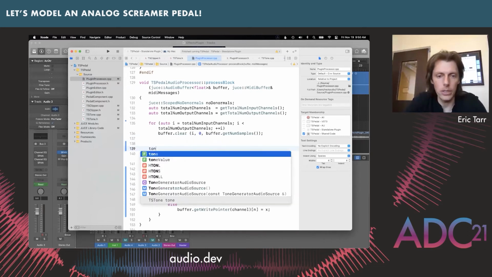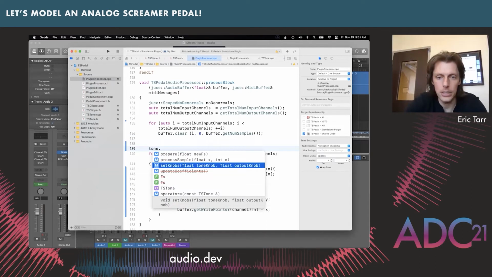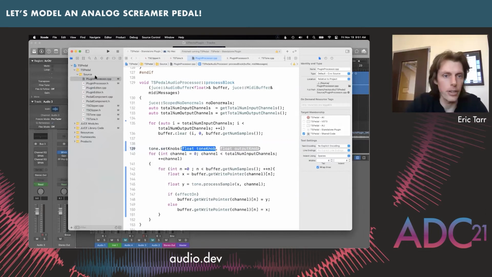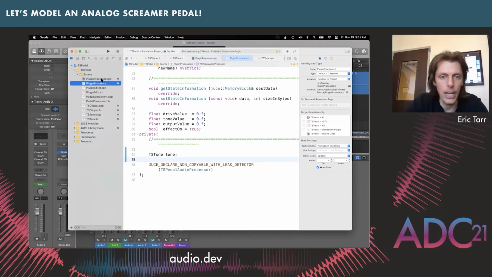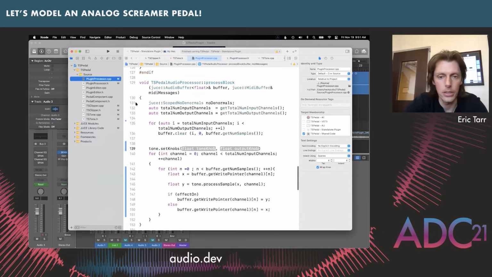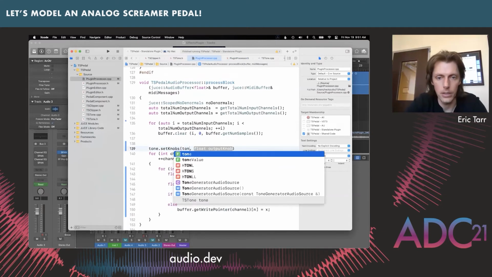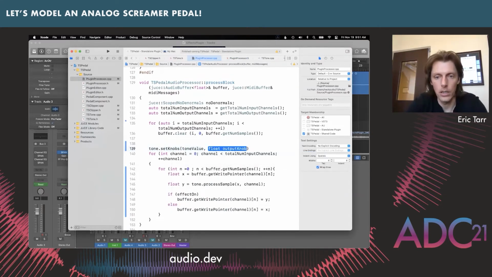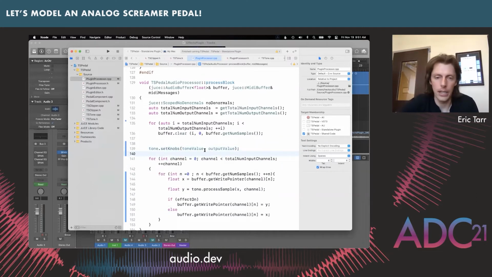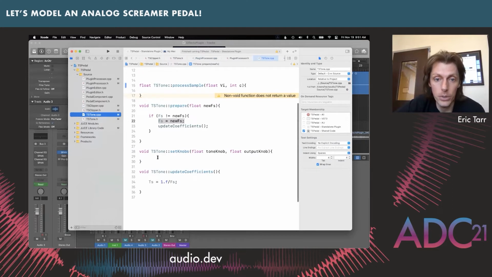We'll do tone dot set knobs, and I've already forgotten the name I called it, tone value and output value. So this will pass the values over to this method, and we'll want to do some stuff with that.